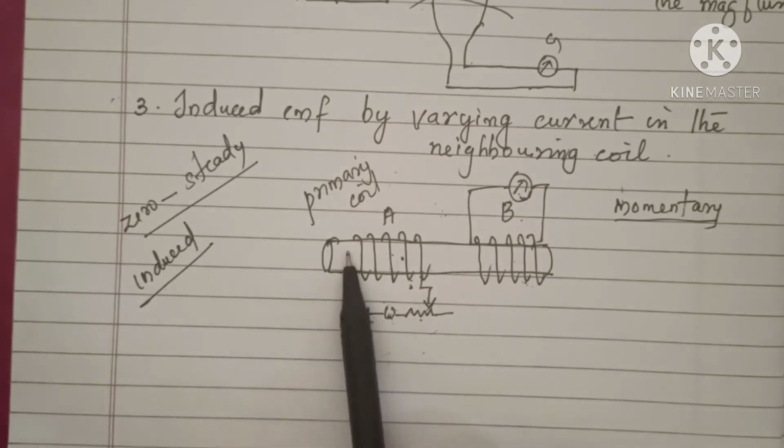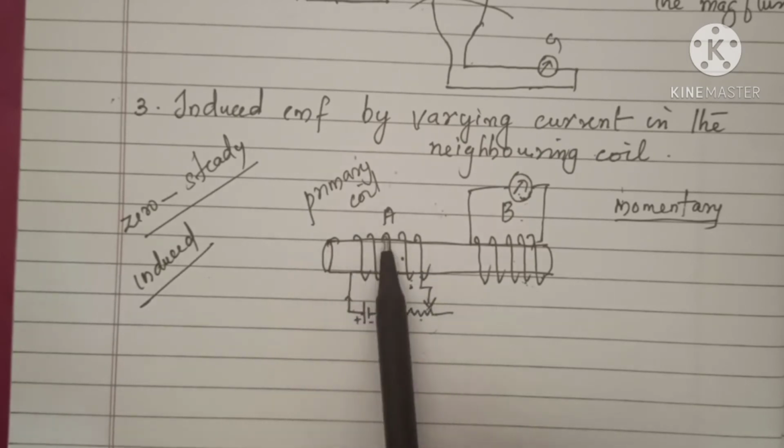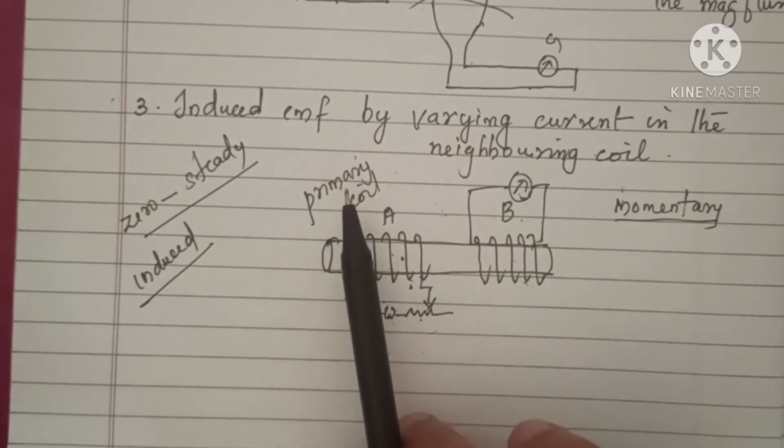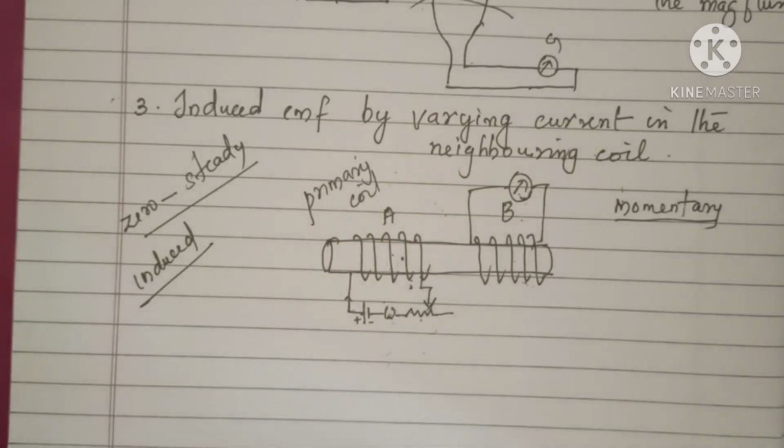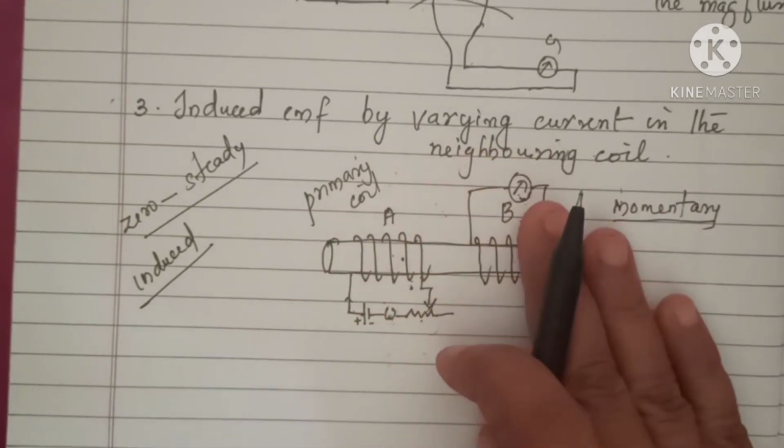When a steady current flows through the primary coil, the magnetic flux linked with the secondary coil does not change and no current is induced. Okay. So only at the time when you are pressing the key or when you are changing it. If a steady current flows, there is no change here.